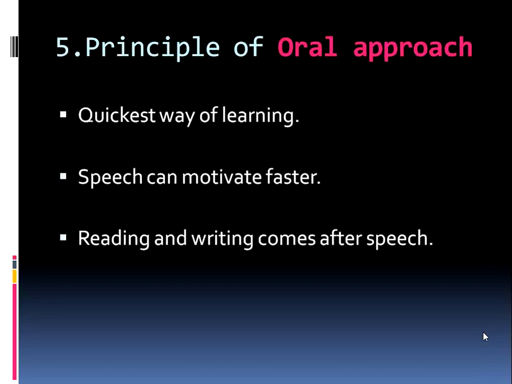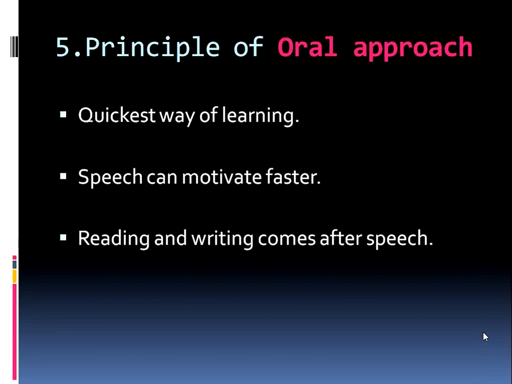Number five is the principle of oral approach. This is one of the most important principles of language teaching. Why? Because this is the quickest way of learning. Oral approach is the quickest way of learning. And now point number two, I have already mentioned here: speech can motivate faster.